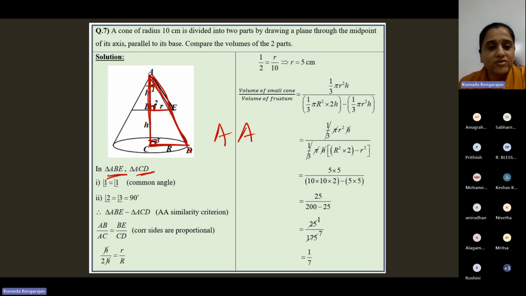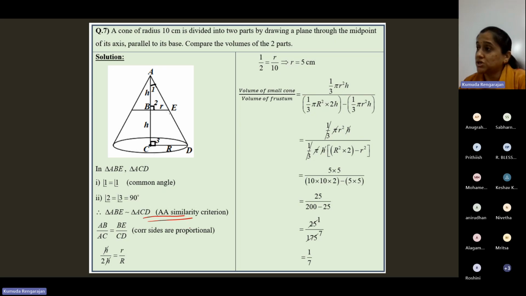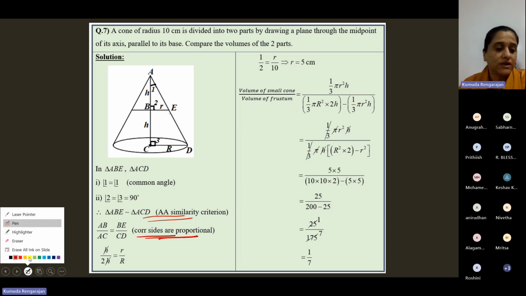So angle 1 is common to both the triangles, and then angle 2 of the small triangle is equal to angle 3 of the big triangle because each of them is equal to 90 degrees. So by the AA similarity criterion, the two triangles are similar. Now, once triangles are similar, their corresponding sides are proportional.